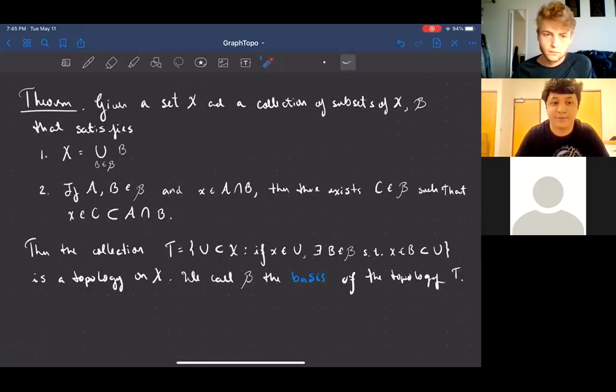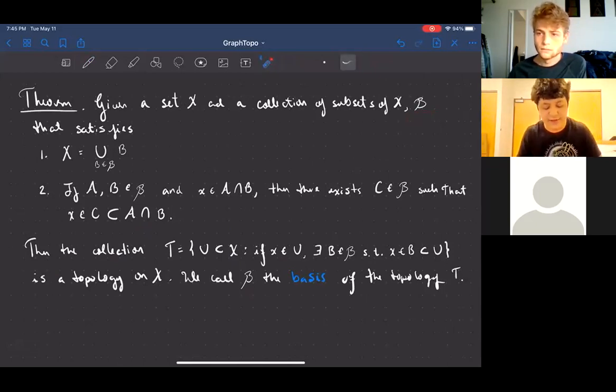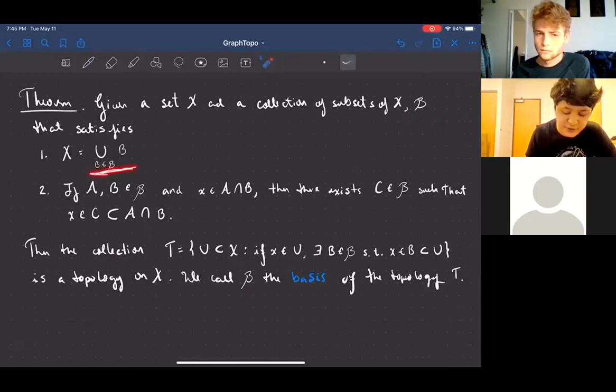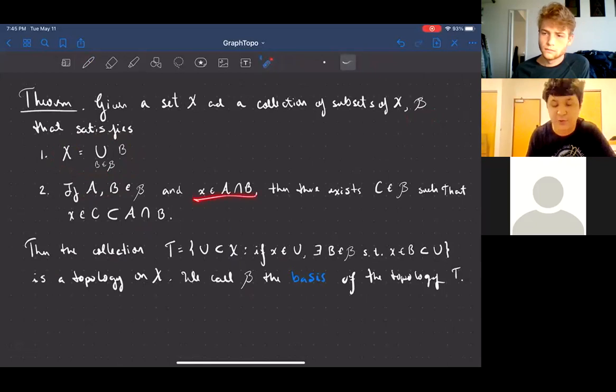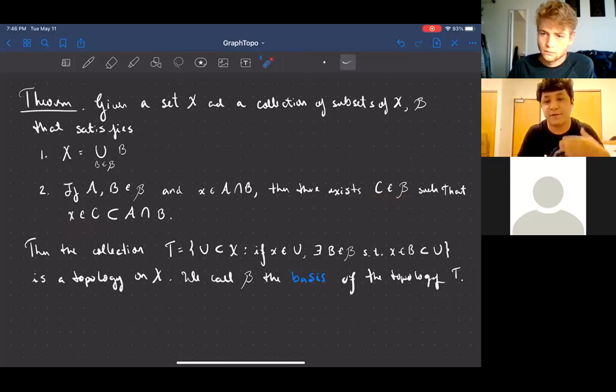So here's a theorem. If you have a set X and consider a collection B of subsets of X such that the union of the elements of B is equal to your whole set, and if you have two sets of B with a point X in their intersection, there will be another element of B that will contain your point X and will be contained in the intersection of the first two elements.